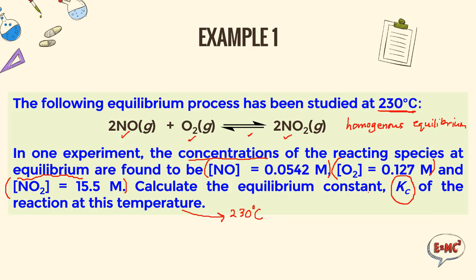So, Kc ataupun equilibrium constant dikira berdasarkan equilibrium concentration. Maksudnya nak kira Kc, kita mesti ada concentration at equilibrium. So, dalam soalan ini, in this example, the concentration of each reacting species at equilibrium were given. Alright, okay, so now let's start to solve the problem.